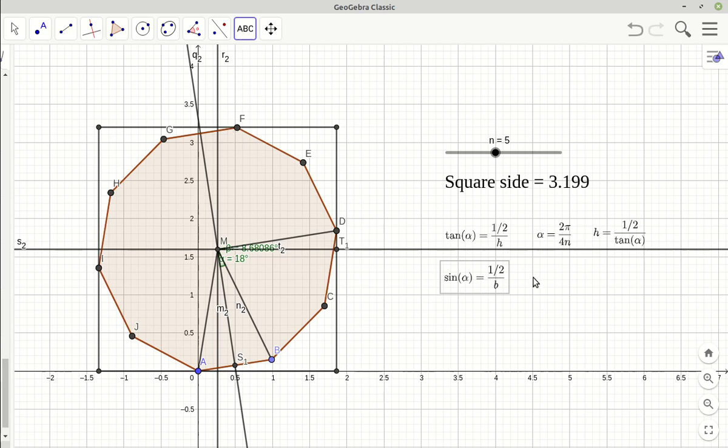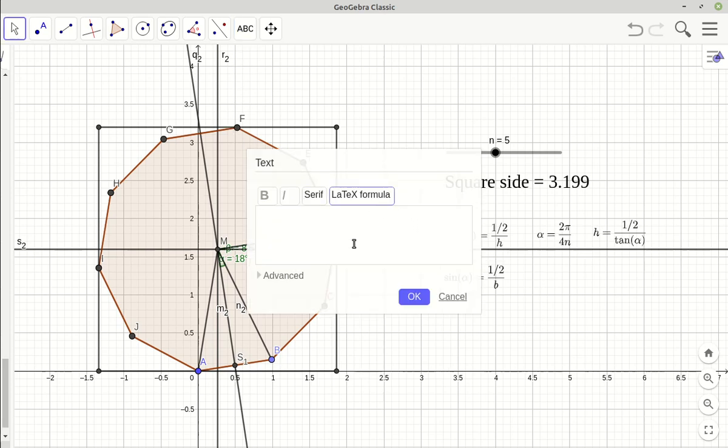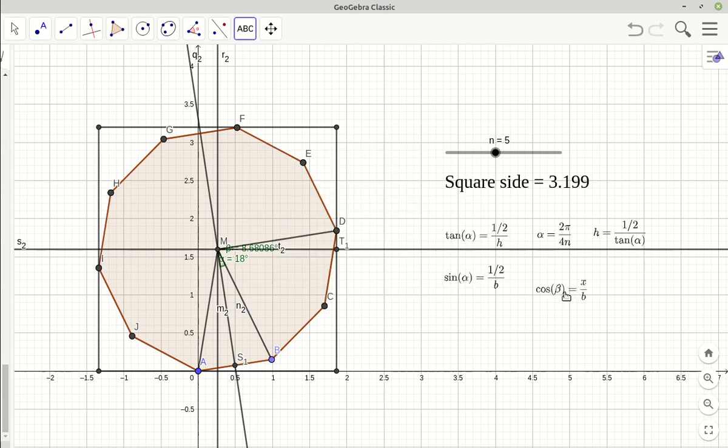So we can write that cosine of beta is equal to the result of division of this length that we're looking at, let it be x, divided by b. Okay. So we know b, and after we get beta, we can express x.